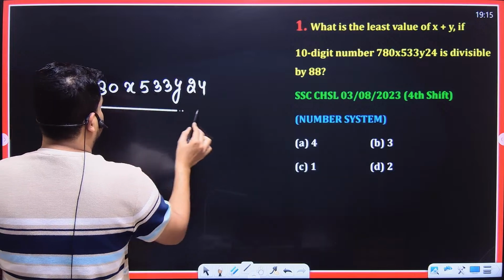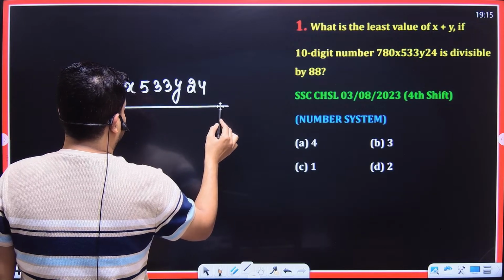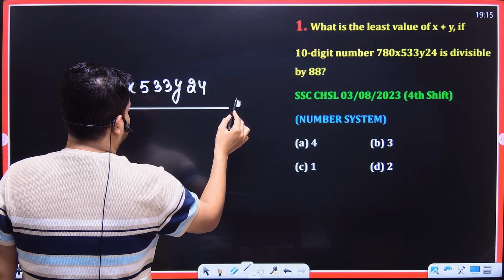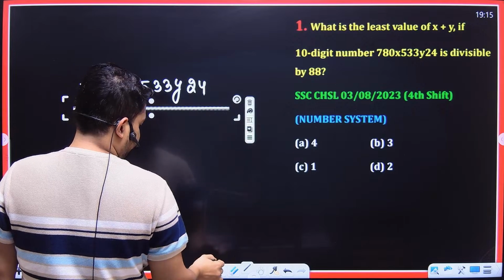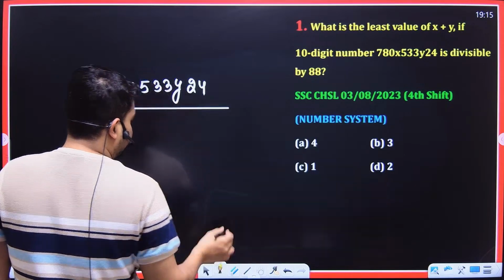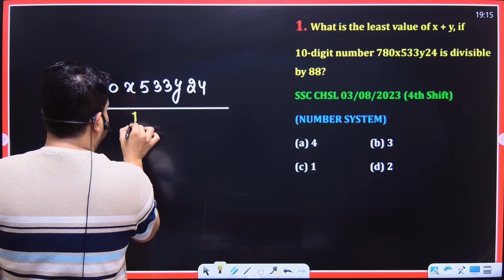The difference of the sums of the alternate digits should be 0 or a multiple of 11.